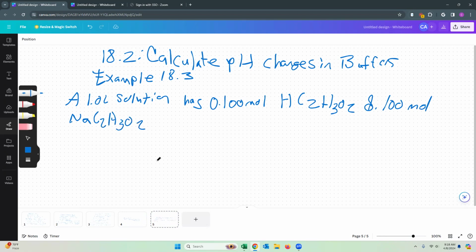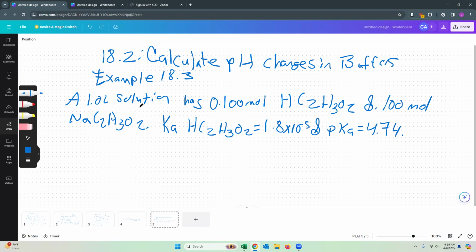So it's the same buffer we just saw in our previous problem. The Ka for HC2H3O2 is 1.8 times 10 to the minus 5, and it's actually giving us our pKa already, 4.74.